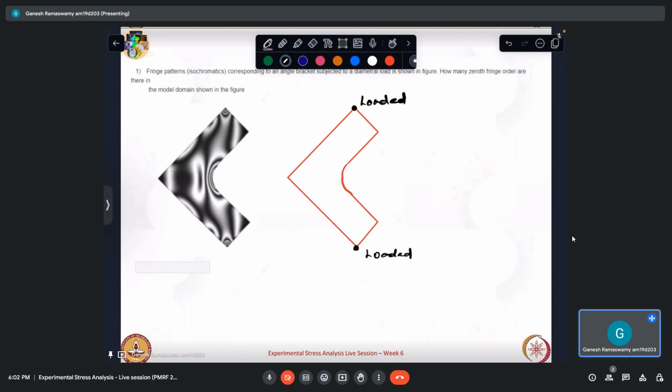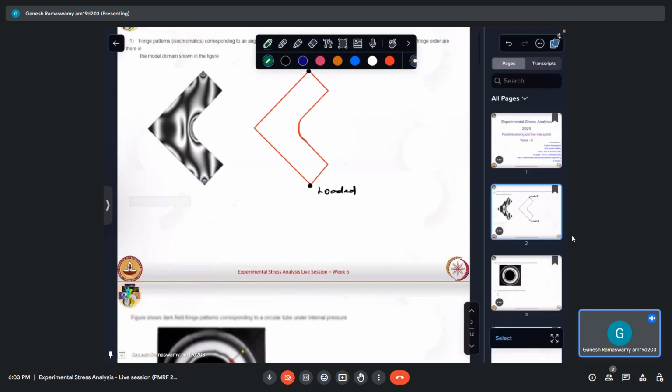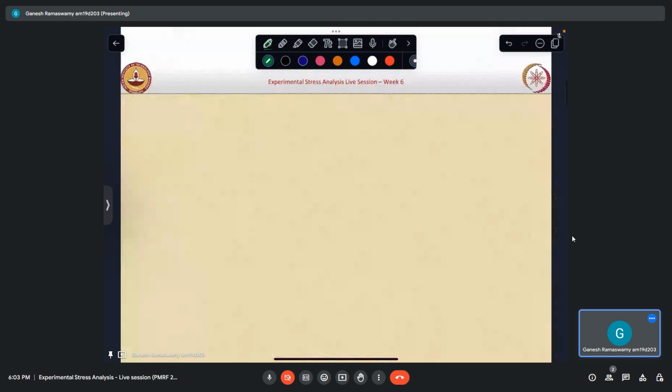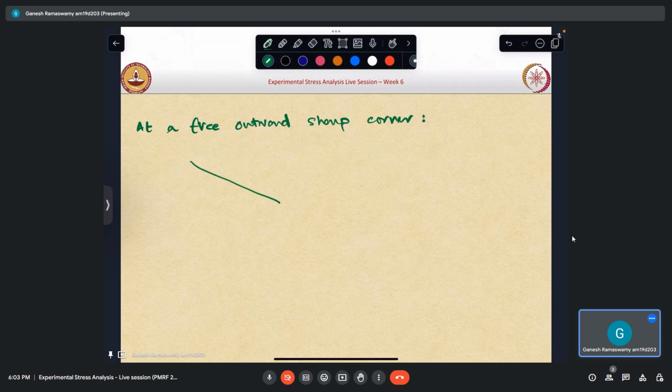So first thing we know from our knowledge of solid mechanics, we know that at a free outward sharp corner, let us say this plane is characterized by n1, which is its normal vector, and this is characterized by n2, which is its normal vector.